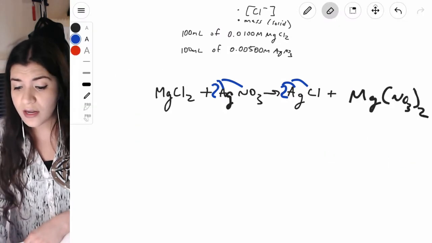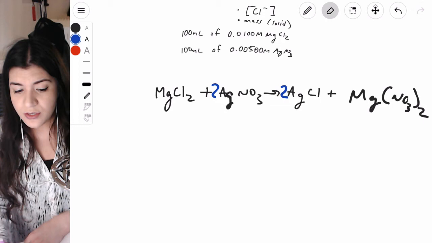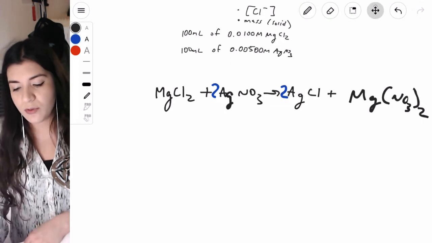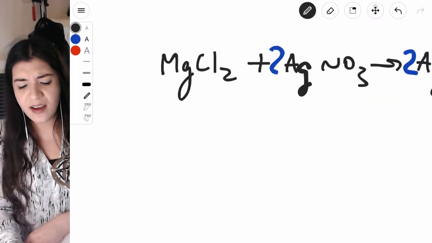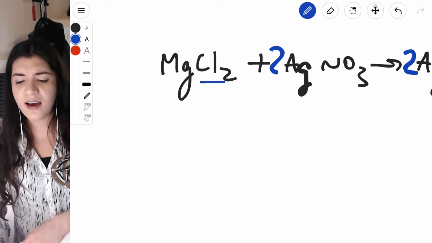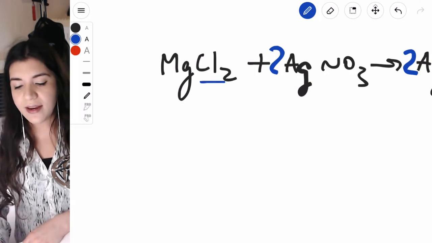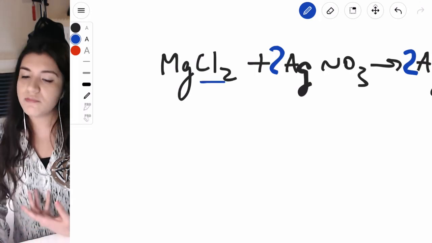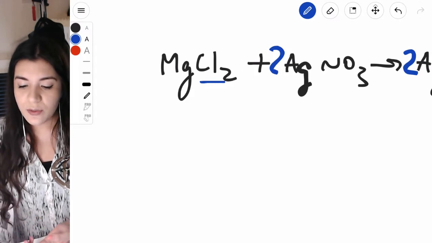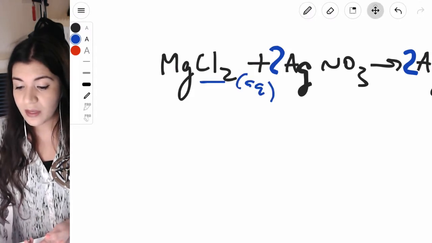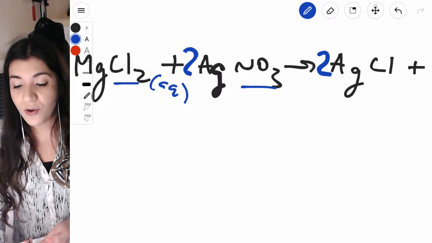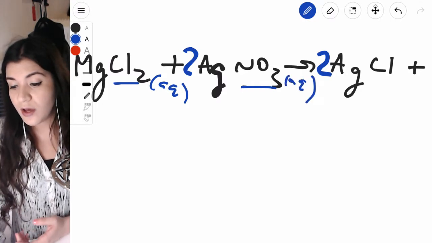Next thing, let's predict what their states are, whether it's aqueous or a solid, and so on. So if we were to look at our solubility table, how I look at that is I look at the ending, like the nonmetal. So I look at the end and I see, well, chlorine is typically soluble, so this is actually going to be aqueous. All nitrates, NO3s, are always aqueous or soluble.